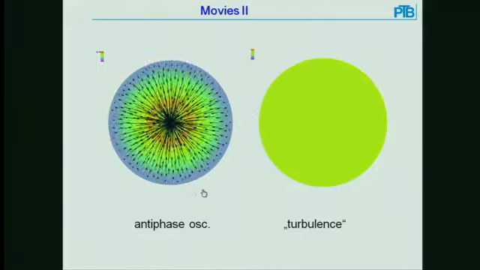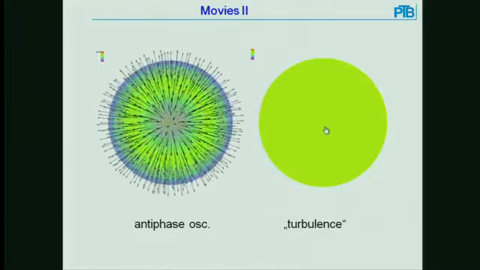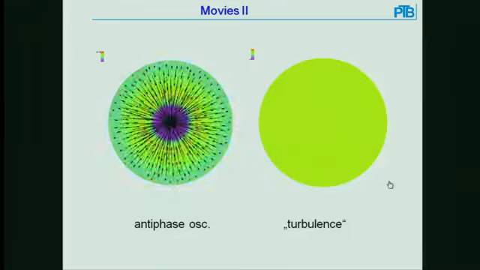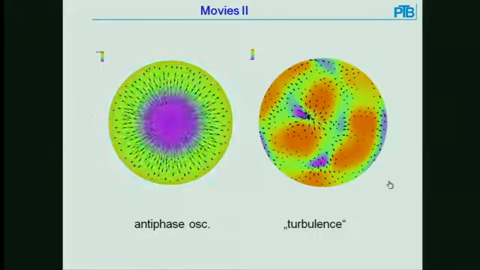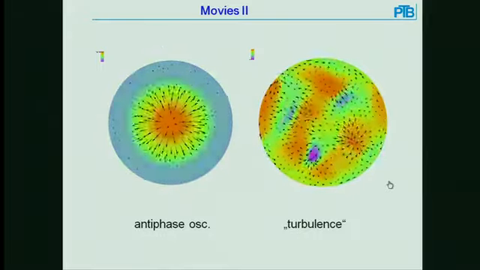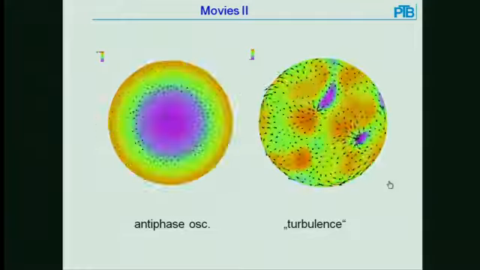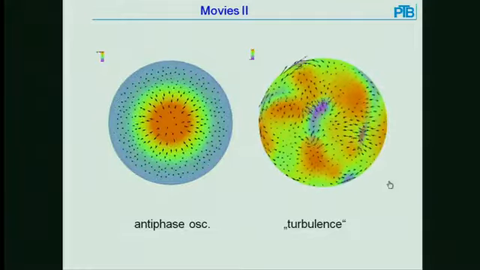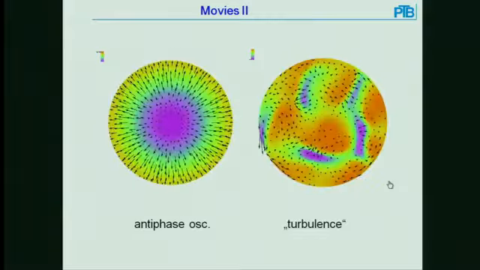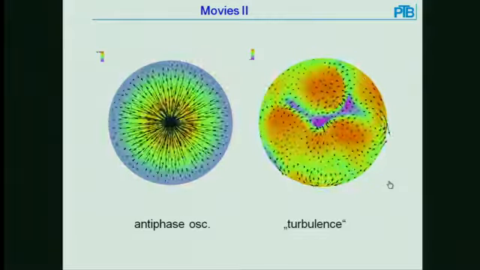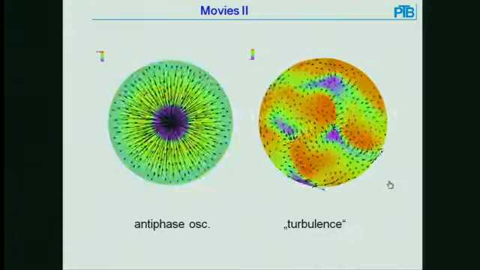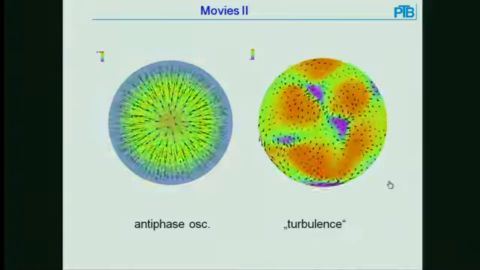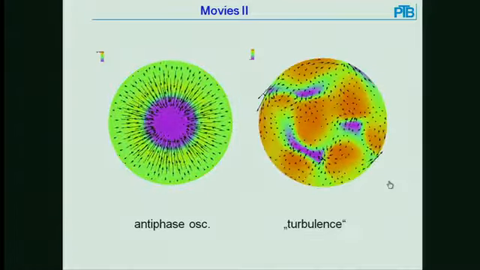And finally, when you go to very large mechanochemical coupling strengths, the dominating perturbations which grow fastest have smaller wave numbers, and then you see also more than one object, and you see many little fragments. Of course, you could run it longer, and maybe that would settle, but here, at least on the scale of simulation, there's some kind of quite irregular dynamics going on.